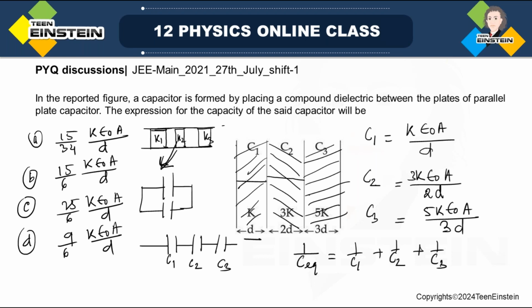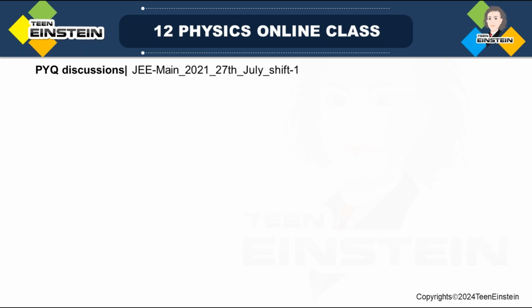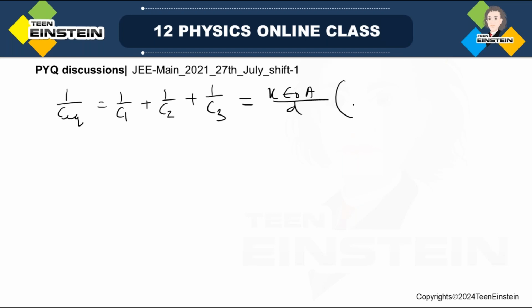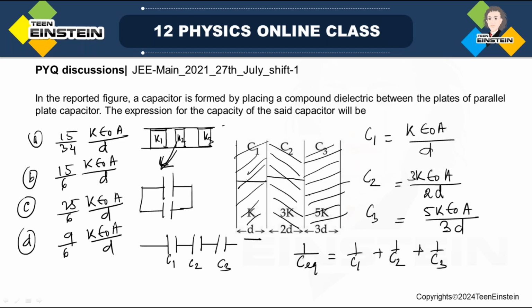Now let us calculate the equivalent capacitance. First one, let me take this common, k epsilon naught A by D. Look here, first one will be 1, right? And second one will be 3 by 2, and third one will be, sorry, this will be D by that. So D by that, 1 over C means D by that.